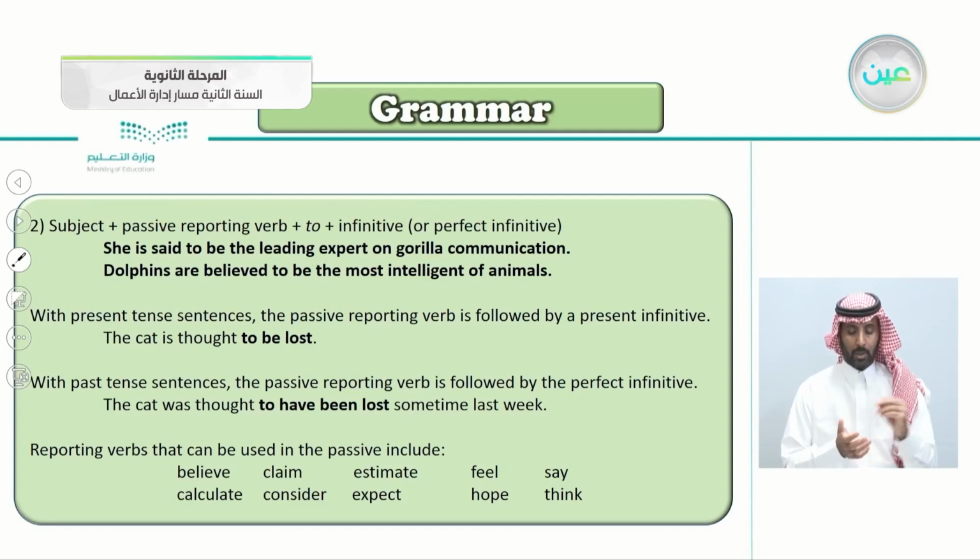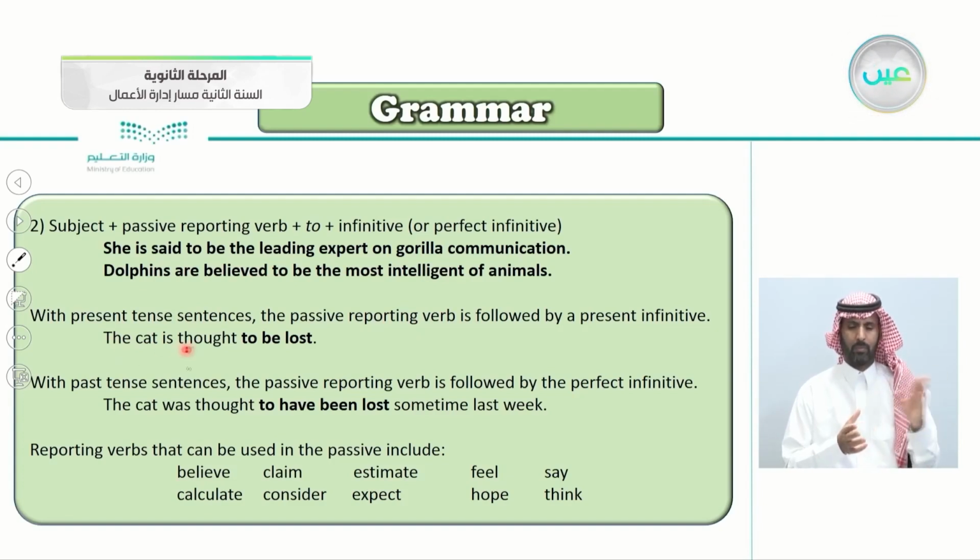For example, the subject here is she or dolphins: she is, the dolphins are. And the passive reporting verb here is said or believed. So she is said to be the leading expert on guerrilla communication, or dolphins are believed to be the most intelligent of animals. With present tense sentences, the passive reporting verb is followed by a present infinitive.